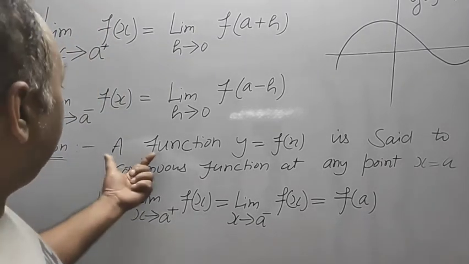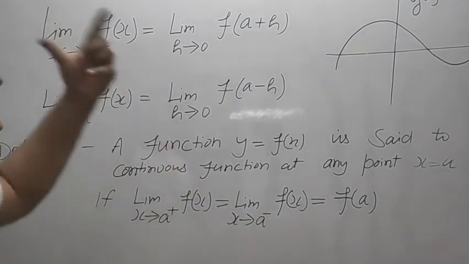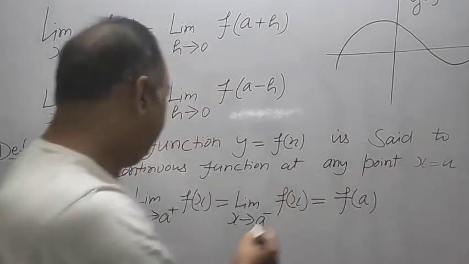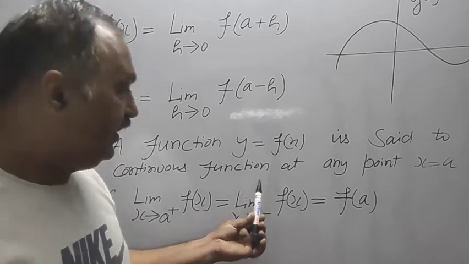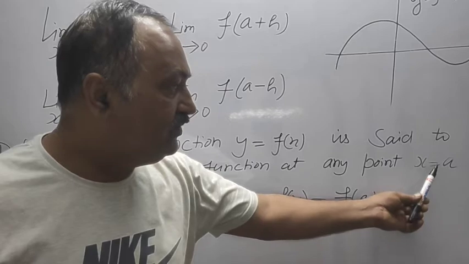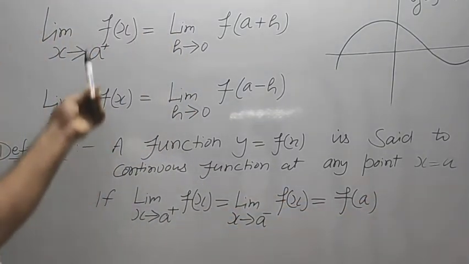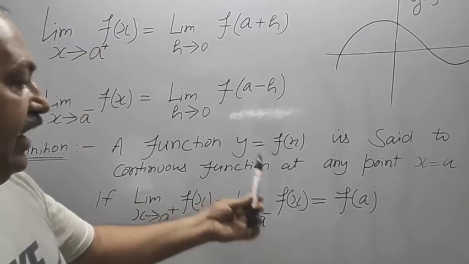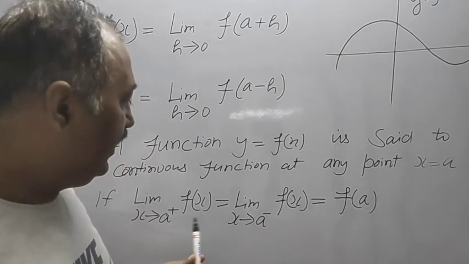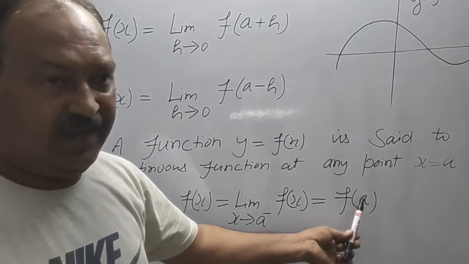And the mathematical definition of the continuous function is this: a function y is equal to f(x) is said to be continuous at any point x is equal to a, which belongs to the domain of that function, if right limit at a and left limit at a both exist and are equal, and also equal to the value of the function at that point a.